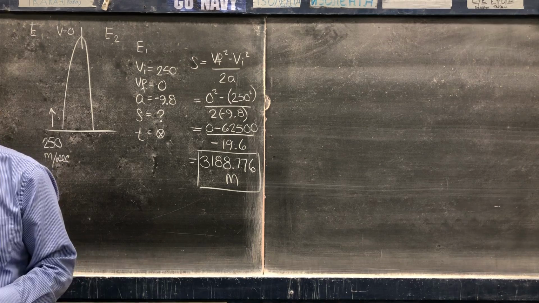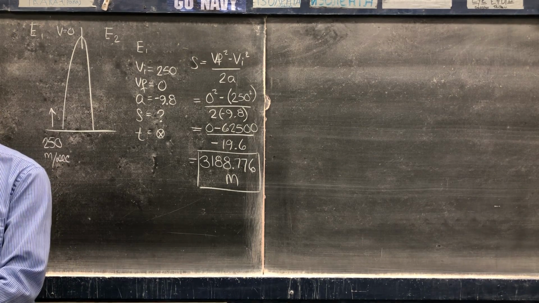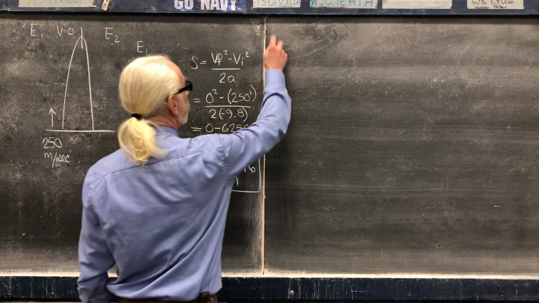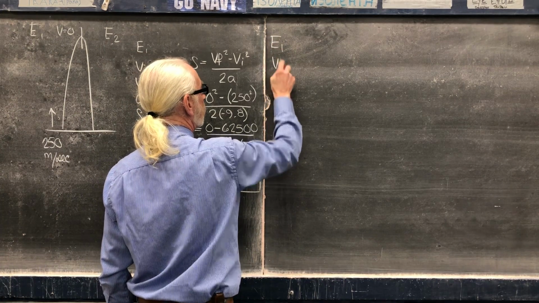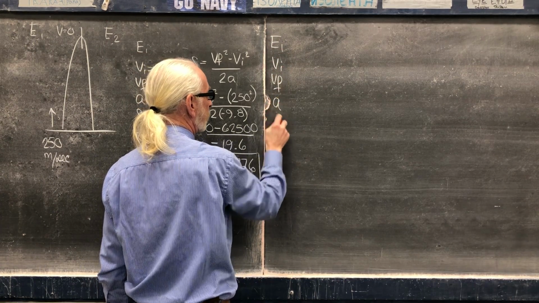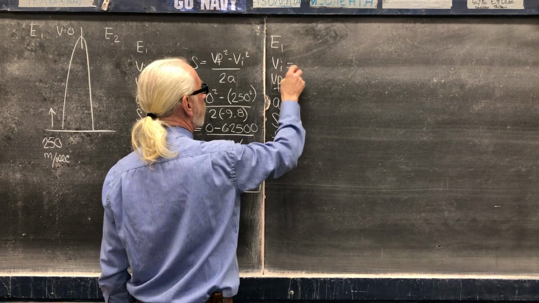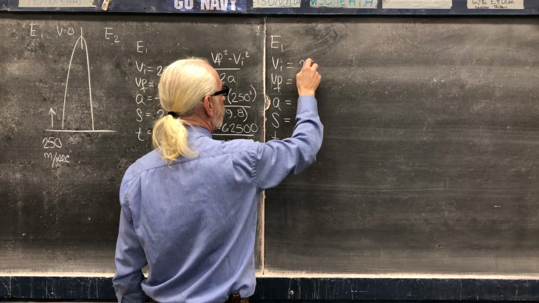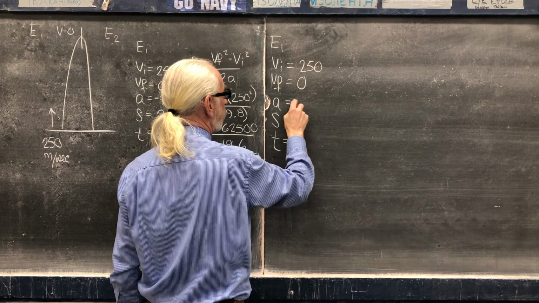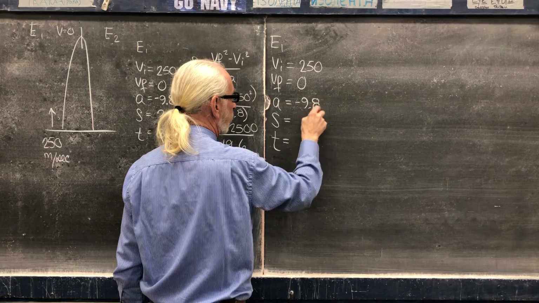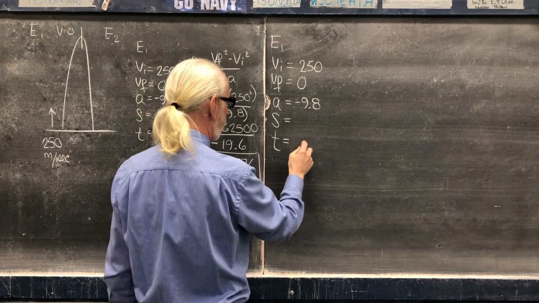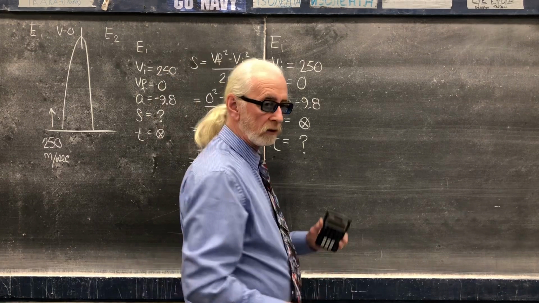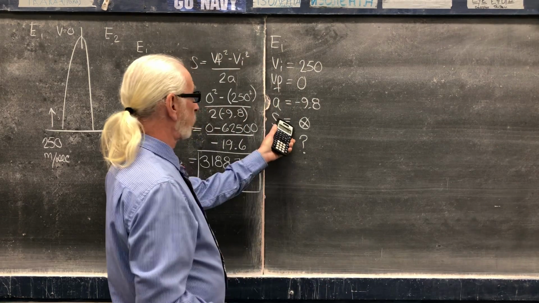Second question is, how long does it take to reach its maximum height? That still would be event 1. 250, 0, negative 9.8. And that's the question. So displacement is the odd man out. Looking on the cheat sheet, displacement's the odd man out.